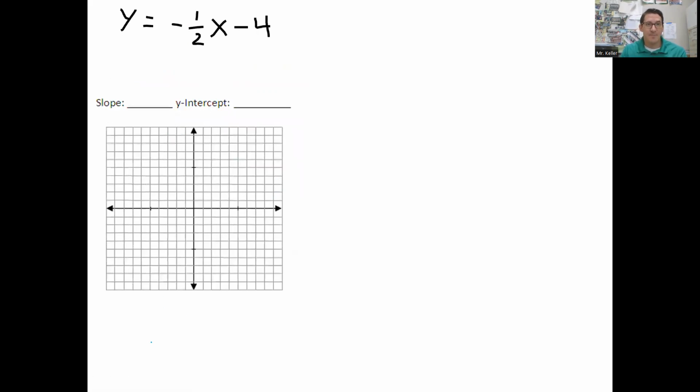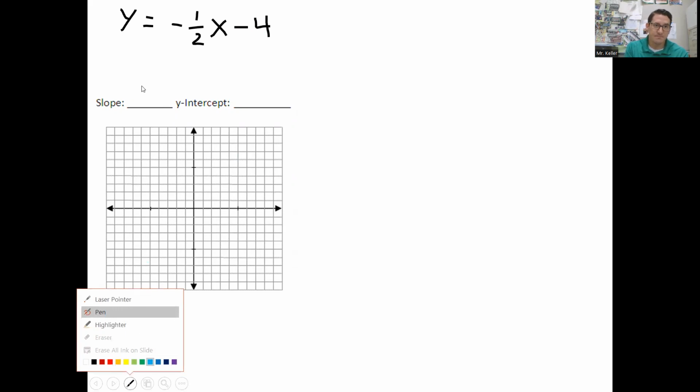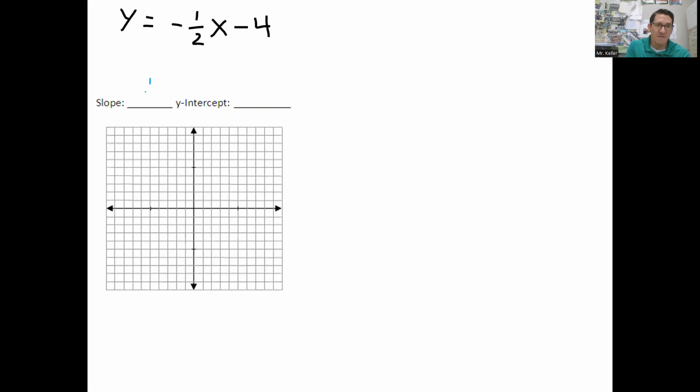Another example. Now, what happens if the y-intercept is negative there? So the slope, again, not what I wanted. The slope is negative 1/2. Again, since it's negative, I'm going to put the negative with the top number. So that will give me, I'm going to be going down and to the right.